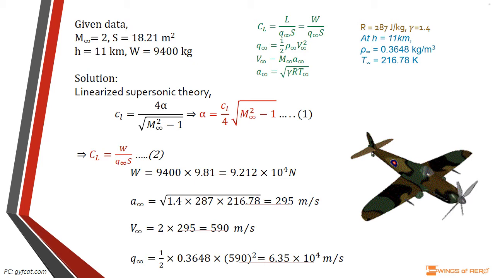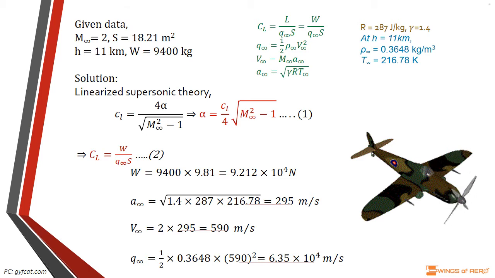From standard atmosphere properties, at an altitude of 11 km, density rho infinity is 0.3648 kg per meter cube and temperature T infinity is 216.78 Kelvin.